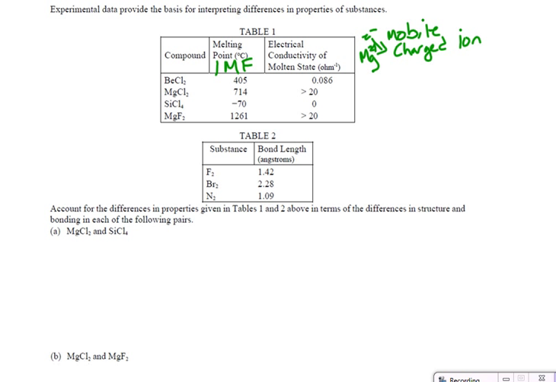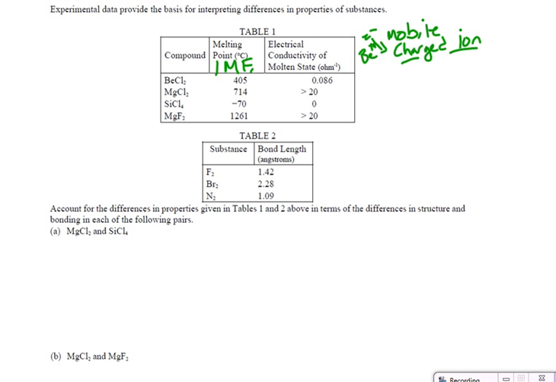So magnesium being an example, because I know we have to use it later, or beryllium. So that was another one that they gave us. All right? One of these ions is going to have to carry that electron to complete a circuit and conduct electricity. So mobile charged ions, that's going to be one of our buzzwords. We're going to have to talk about intermolecular forces.